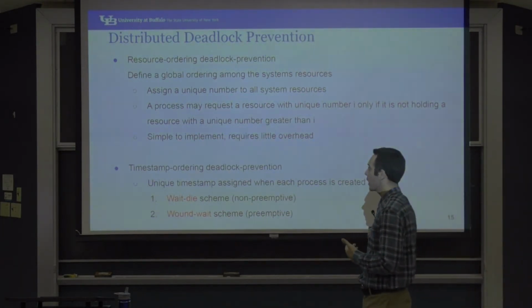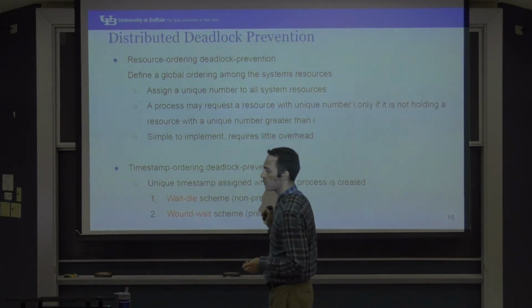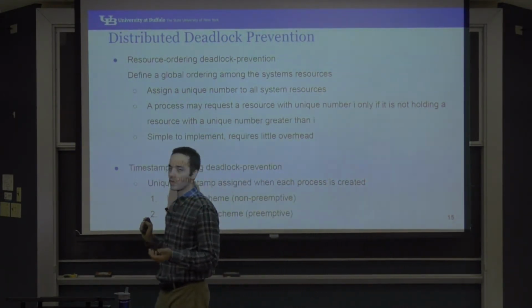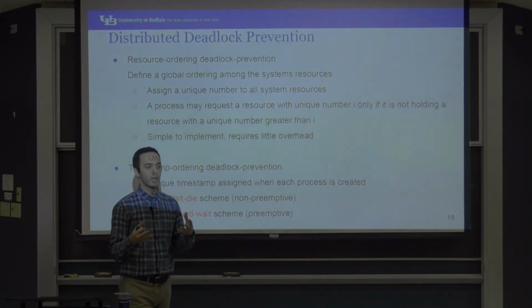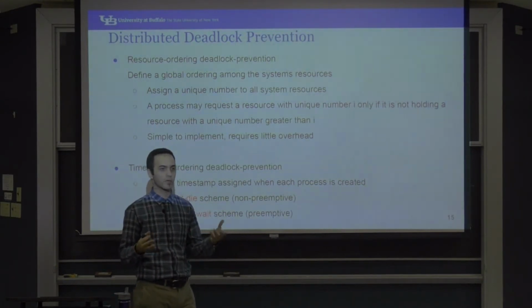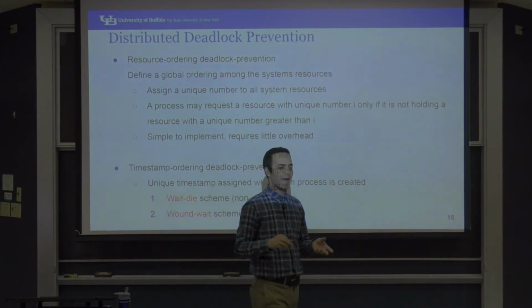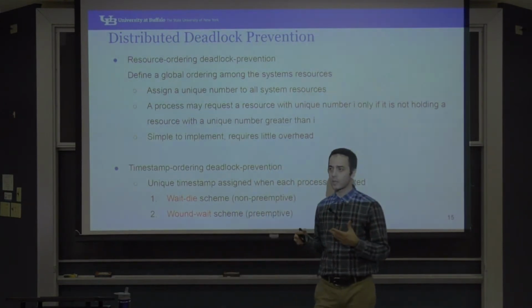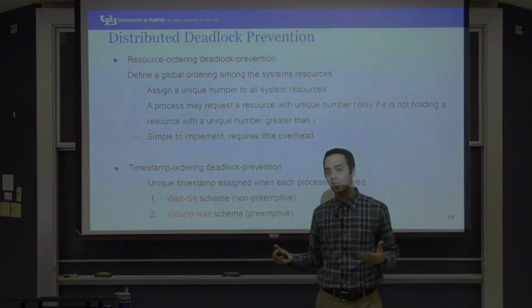It's simple to implement, but the problem is that it's an overkill, and you cannot necessarily define the functionality of a process based on the different resources. Maybe they need to receive this resource first and then the other one, and it makes it difficult for the developer, and also a lot of the time it's not actually needed.